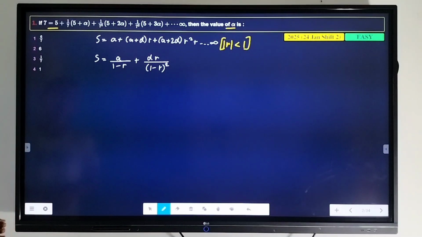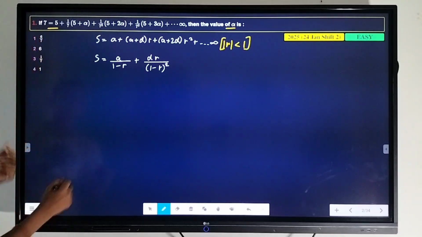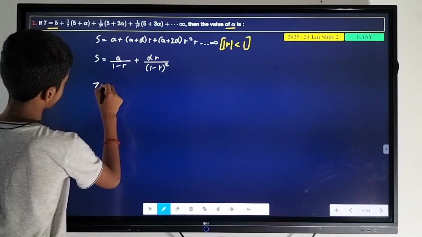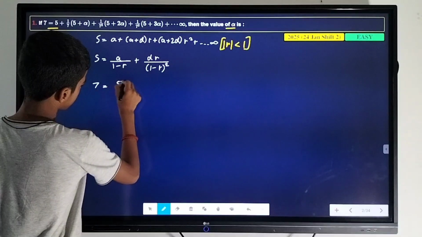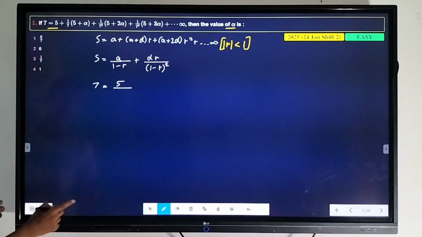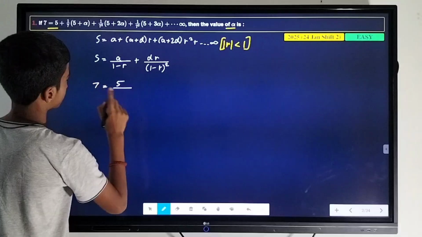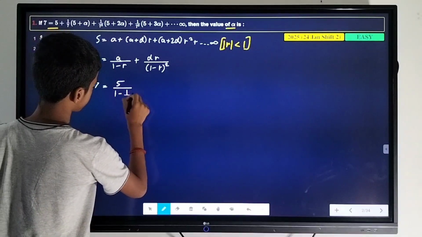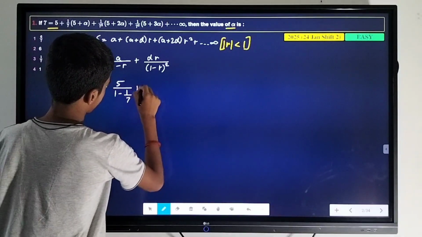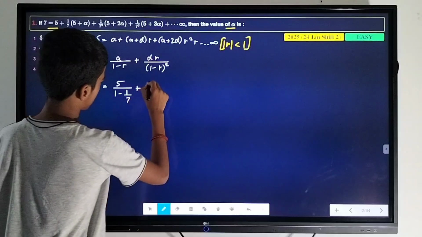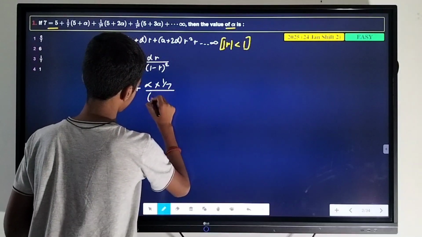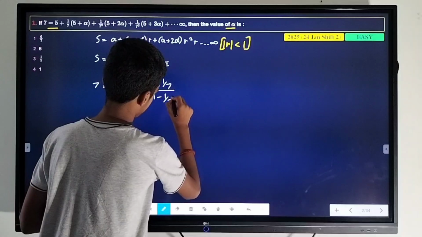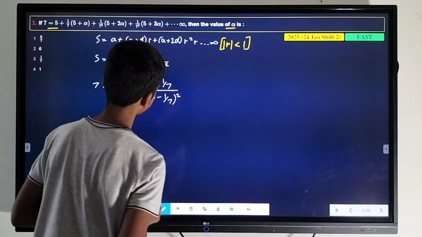Now our sum is 7, sum of the whole series, and A is 5, common ratio is 1 upon 7, and common difference is alpha, over 1 minus 1 upon 7 whole square.